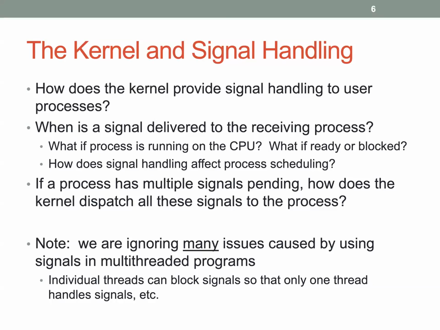Or you can have thread A register a signal handler, and then when the signal's delivered, it's received by thread B in the same process. And so it's hard to do signals in multi-threading as it is. And typically when you're writing programs like that, you have to take careful steps to make sure that signal handling makes sense in the program. So we're just going to talk about single-threaded processes today.